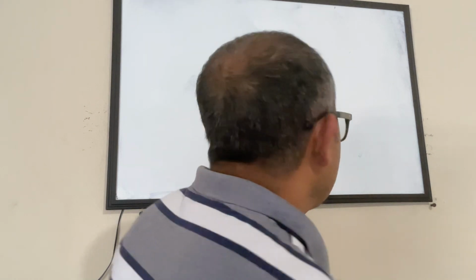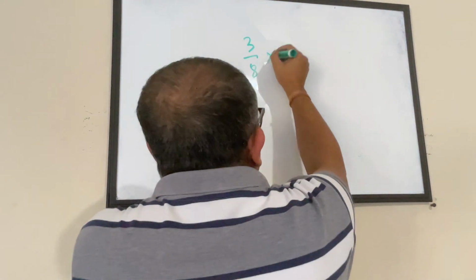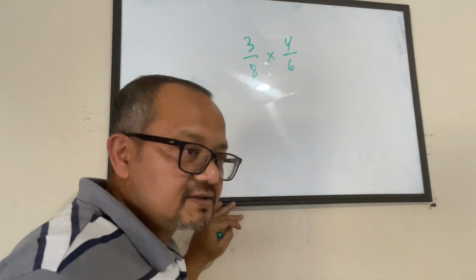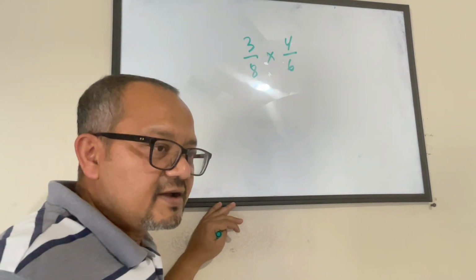What about multiplication? What time is it? We still have 50 more minutes. Yep. What about multiplication? If I have to multiply 3 by 8 and 4 by 6, who all knows how to do it?